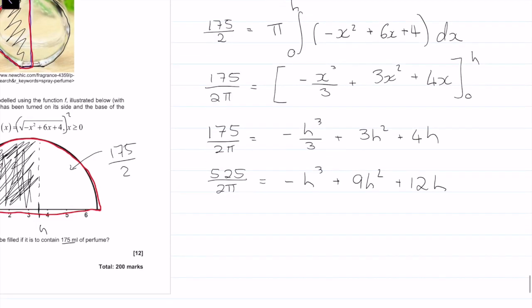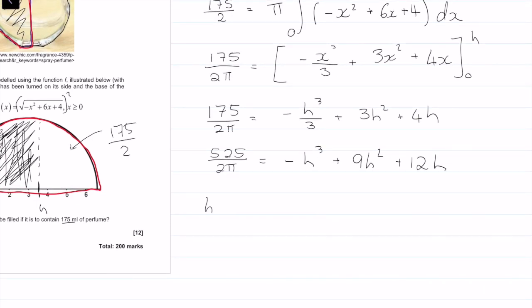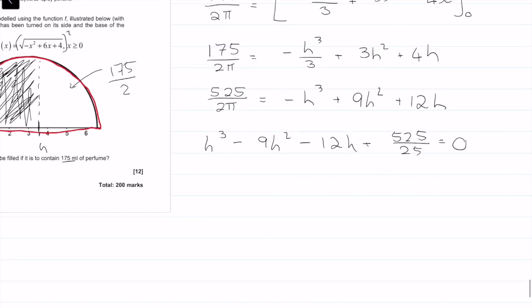Taking the h's to the right hand side of the equation, we have h cubed minus 9h squared minus 12h plus 525 over 2 pi is equal to 0. Now I'm going to sub this straight into my calculator to get my values of h. If you're using these Casio calculators, click on mode, then 5, and look for equation 4.